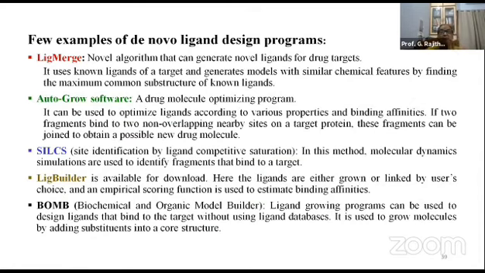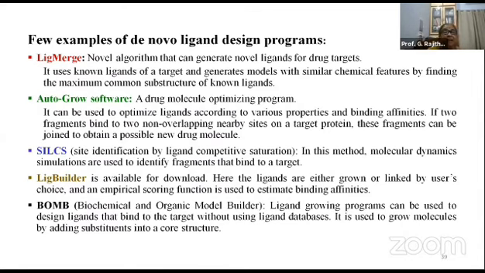These are the examples of the programs for de novo. So everything, software, tools, and programs are there for doing all these studies: binding affinity, building, ligand linking, all that.